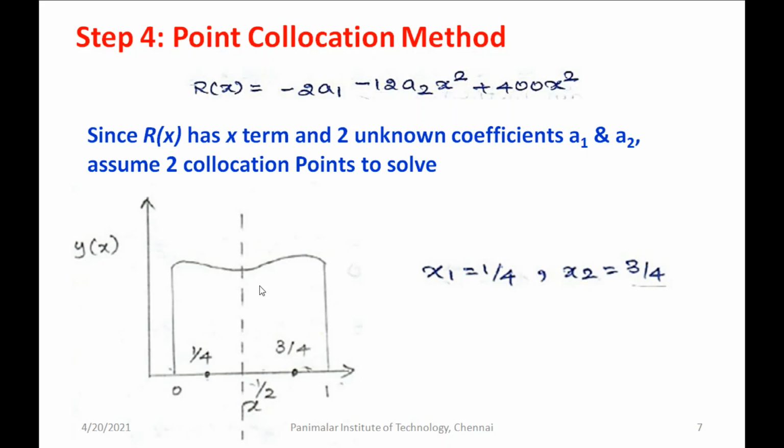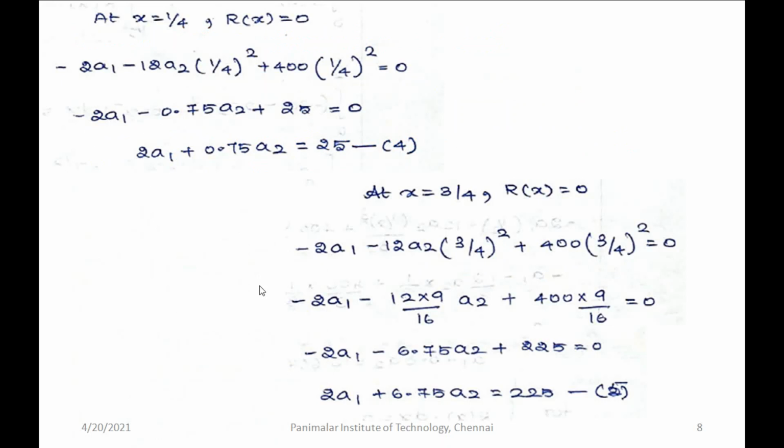Okay, now let us see how to do this. First we are taking x1, at x equal to 1 by 4, we have to assume r of x equal to 0. So this will lead to one simultaneous equation. For r of x, we already derived the equation, minus 2a1 minus 12a2 x square plus 400 x square equal to 0.